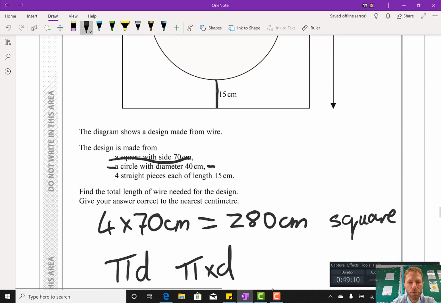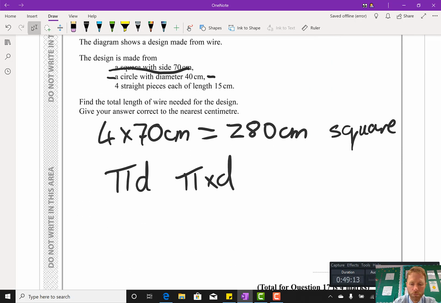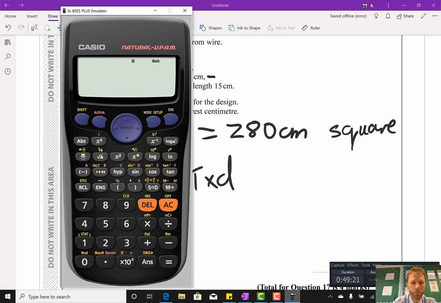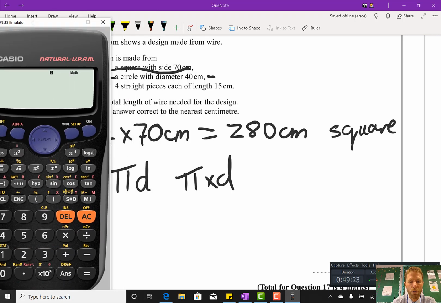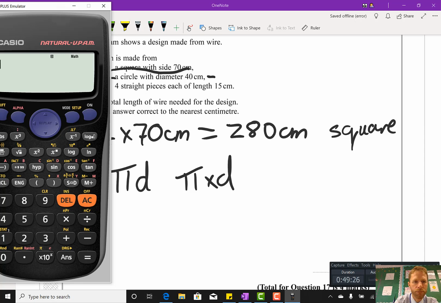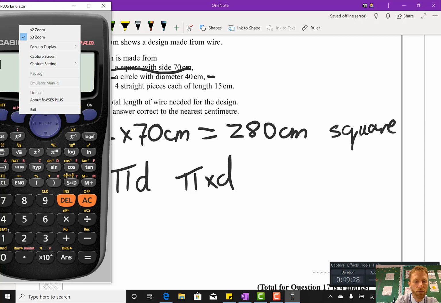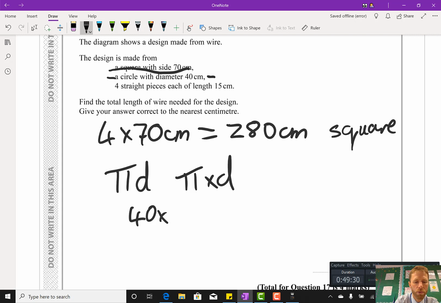So I need my calculator, which has disappeared. Got the calculator back, no worries. So pi multiplied by the diameter, in this case 40.